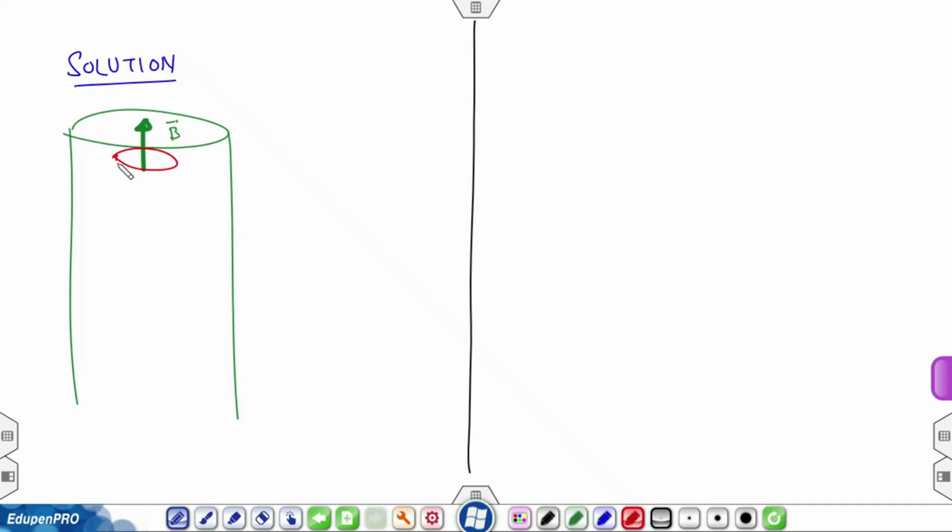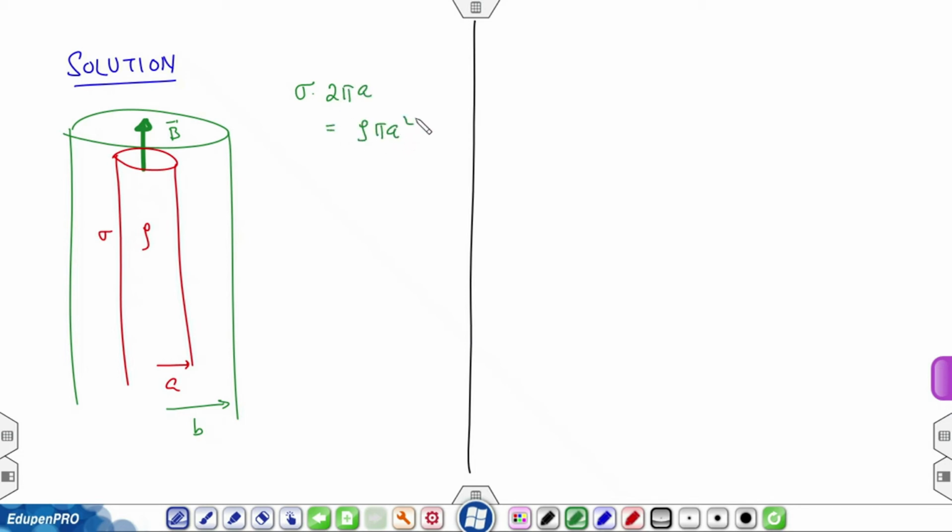Here is a solid cylinder carrying rho and sigma on the surface. This radius is A, the solenoid radius is B. First, sigma times 2 pi A is going to be equal to rho times pi A square, because the whole system is charge neutral.